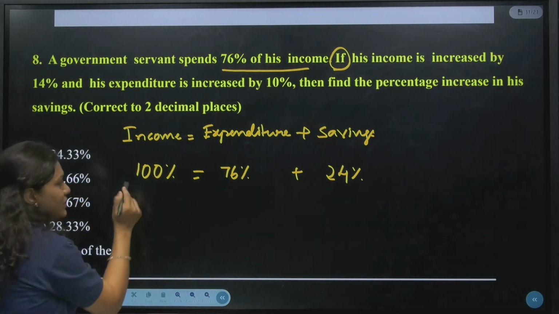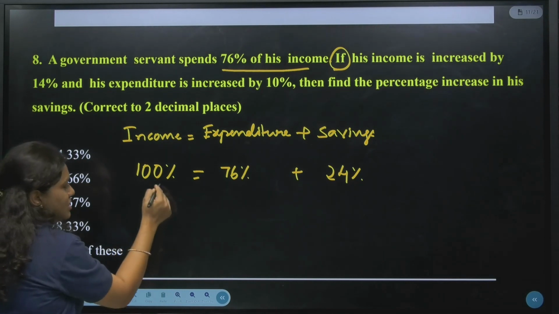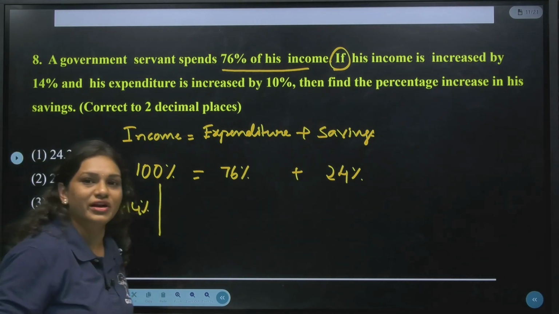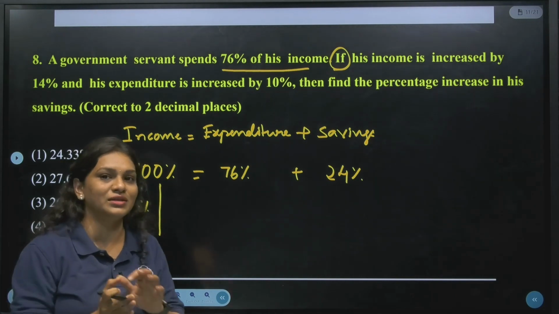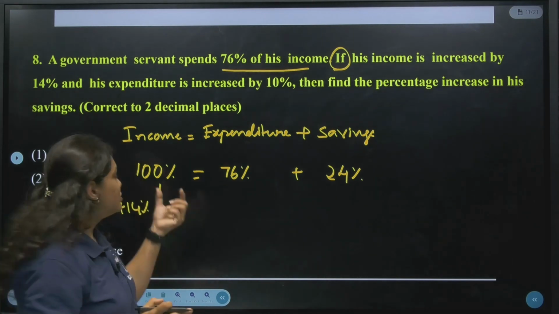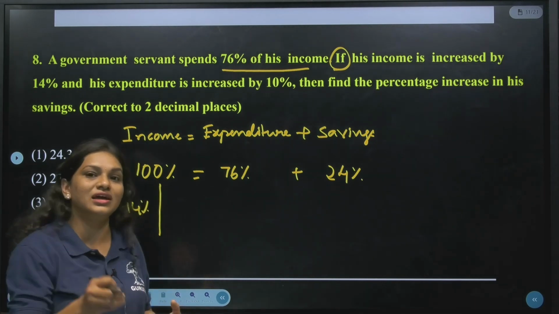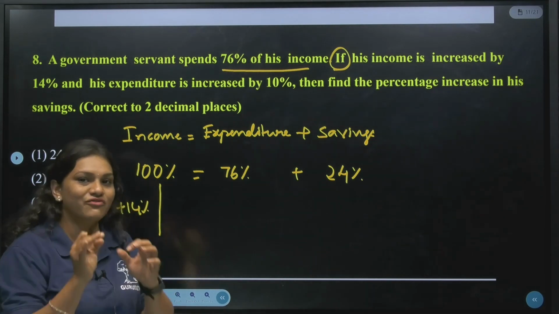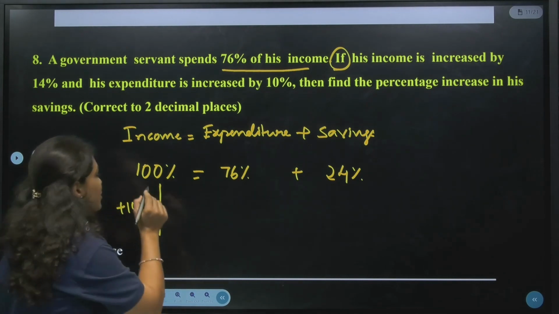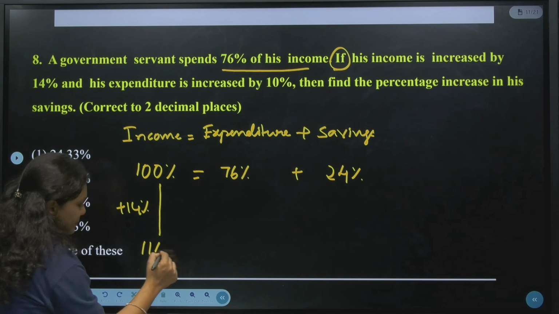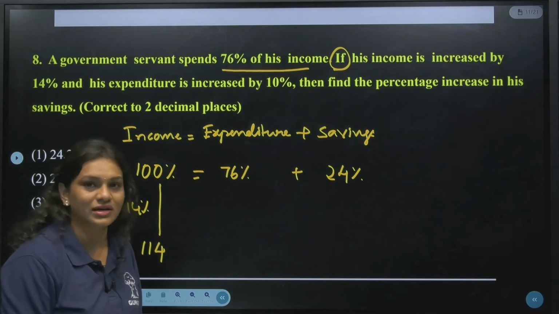If I assume my income is 100 rupees, what is 14% of 100? It is nothing but 14 rupees, right? So previously they used to get 100 rupees. Now how much extra are they getting? 14 rupees, isn't it clear? Yes. So now what is the final income for this person? 114. Is it clear? Yes.